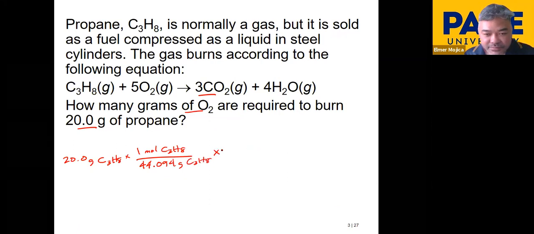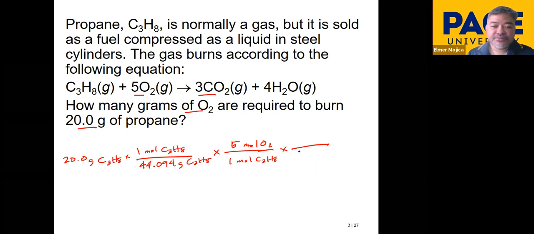And then for every 1 mole of C3H8, you have to find what is the equivalent in the oxygen. So that's 5 moles oxygen. And then for every 1 mole of oxygen, what's the mass of your oxygen?